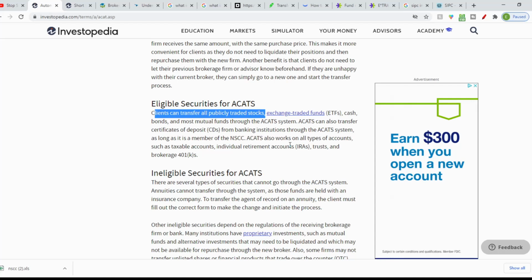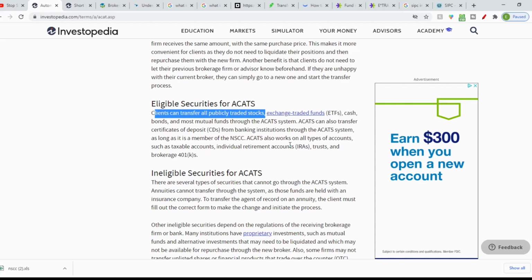Just like, I believe with Robinhood, you can have SLV, but on Webull, they don't have SLV. So if you try to transfer all of your portfolio over to Webull, that SLV, you're not going to get it. Okay? And you can do partial transfers too. You don't have to transfer all 100%. You can transfer a partial amount of your portfolio as well.